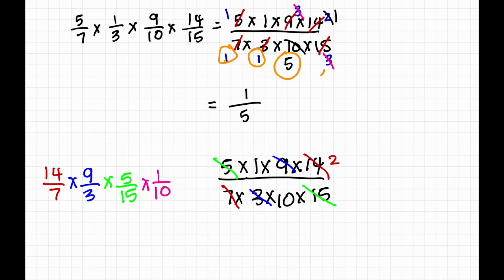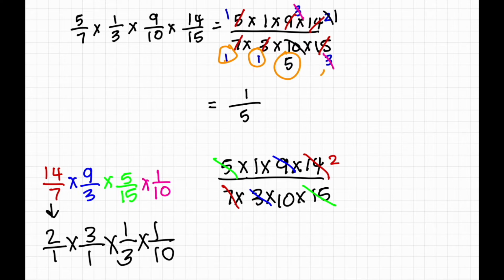And we simplified all of these too. 14 over 7 being 2. And then 9 over 3 being 3. 5 over 15 being 1/3. And then 1 over 10 being 10.